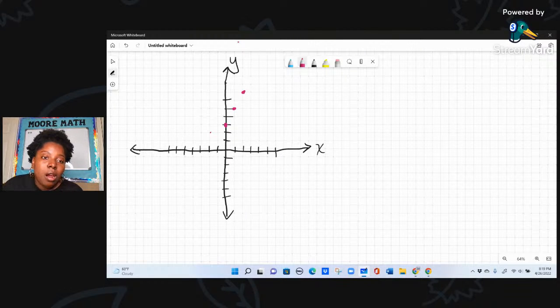Okay, so this line might not be pretty, but I'm going to try my best to connect the dots.